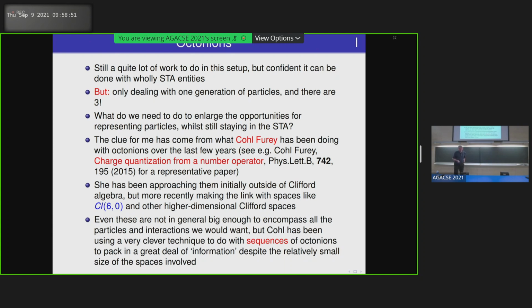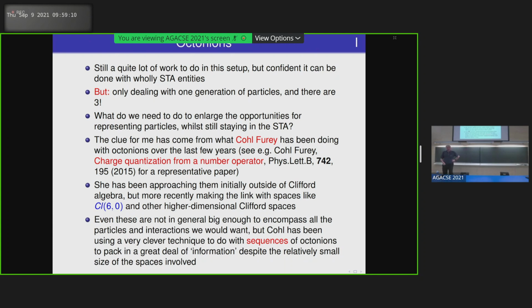And over the last few years, she's been using octonions coupled with Clifford algebras in a way which expands greatly the opportunities for representing symmetries. And here's a representative paper from 2015.